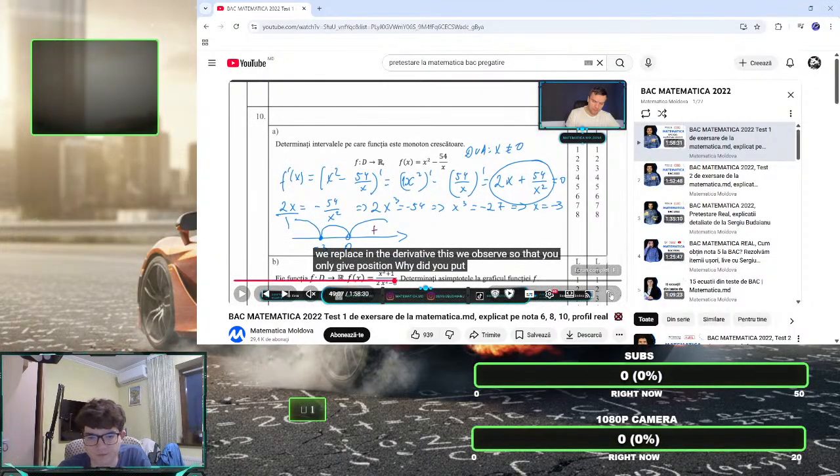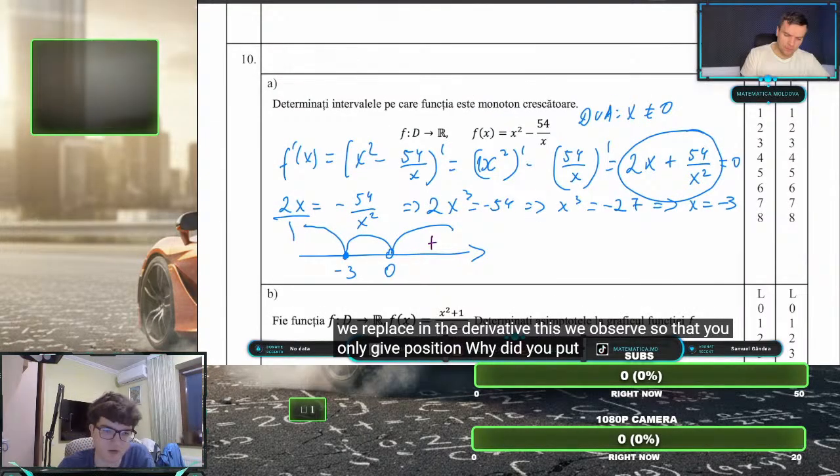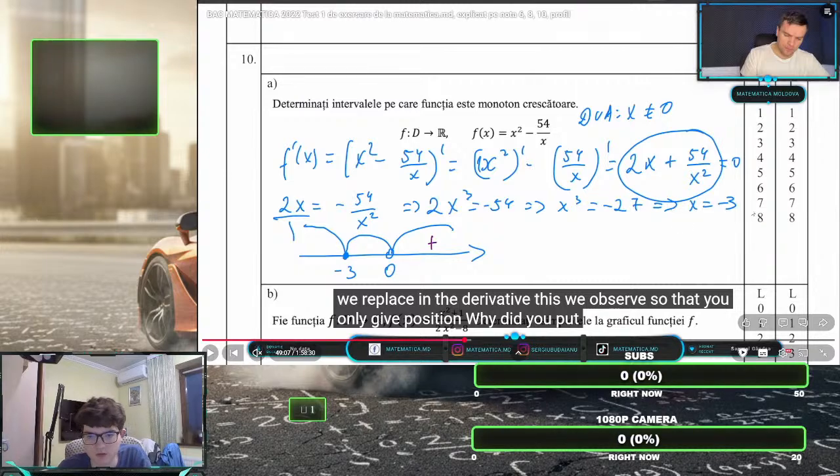Okay, so basically it's colored because, I don't know why. Because it's equal, I guess.